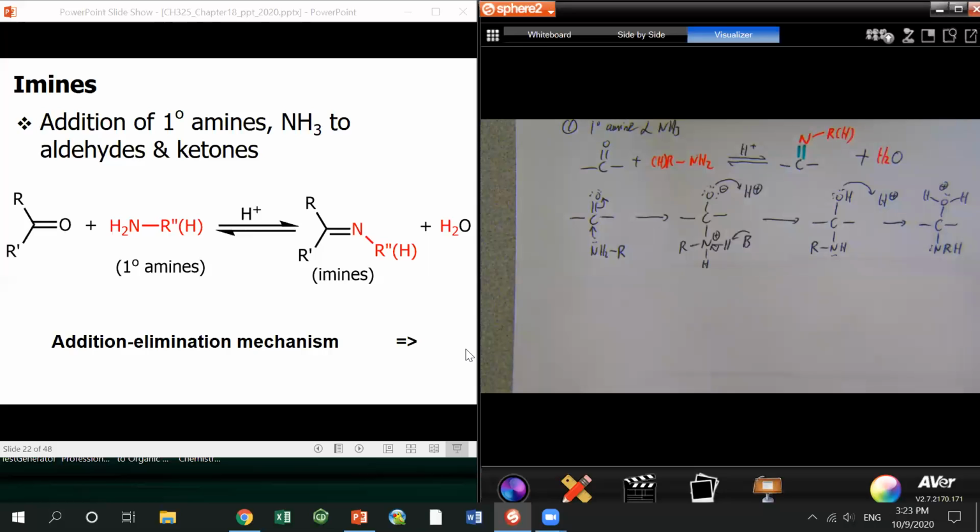Once you have a better leaving group, we can do another elimination. The nitrogen has a lone pair of electrons that can shift back to form another C=N bond, and meanwhile kick off the water.